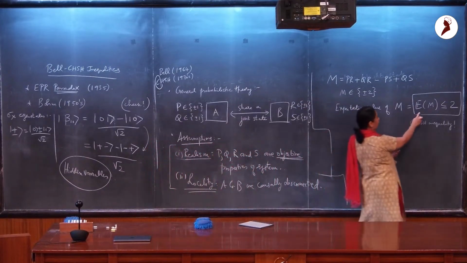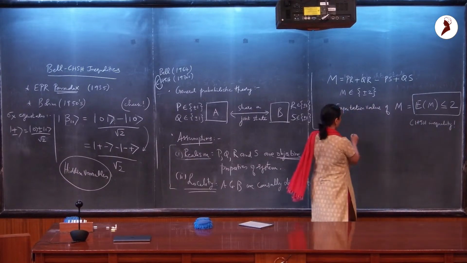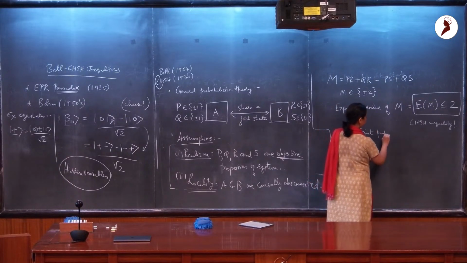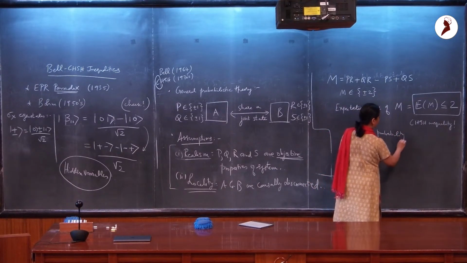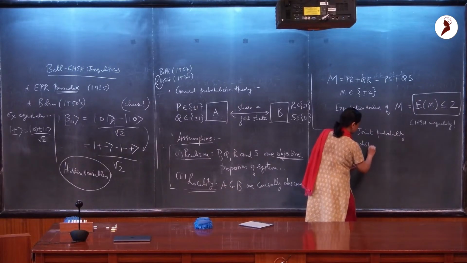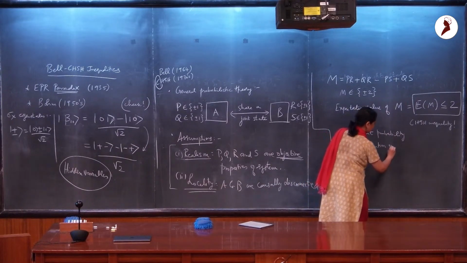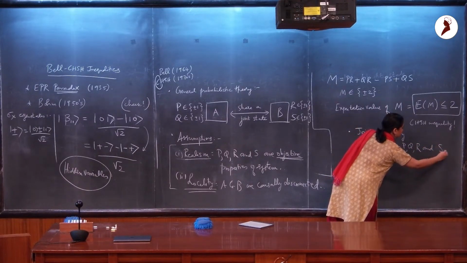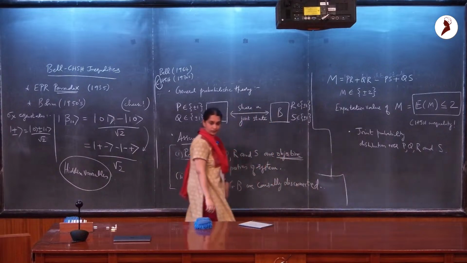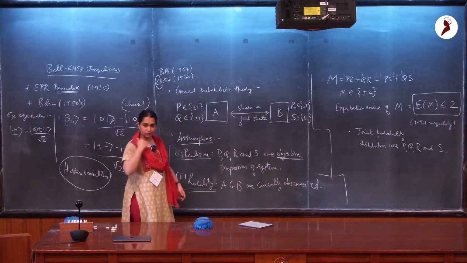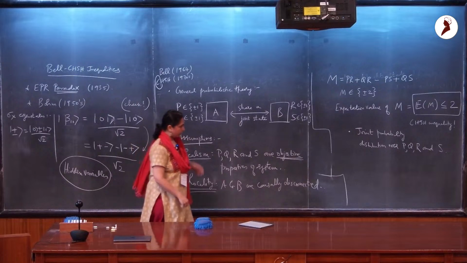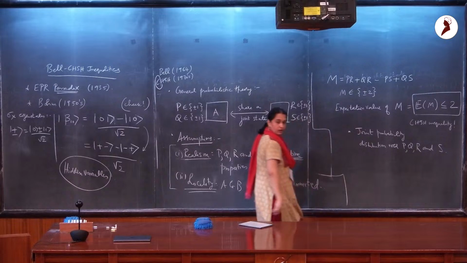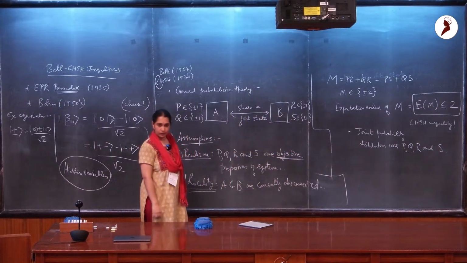For you to be able to write down this expectation value, you need to have had a joint probability distribution over P, Q, R, and S. This becomes a crucial ingredient in writing down this inequality.